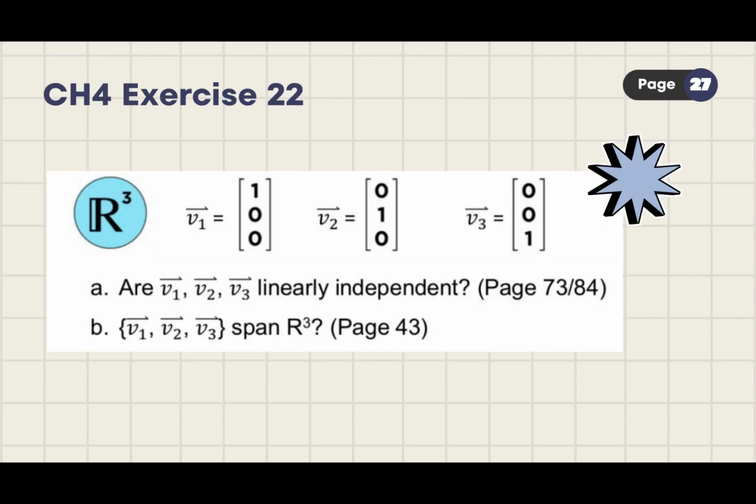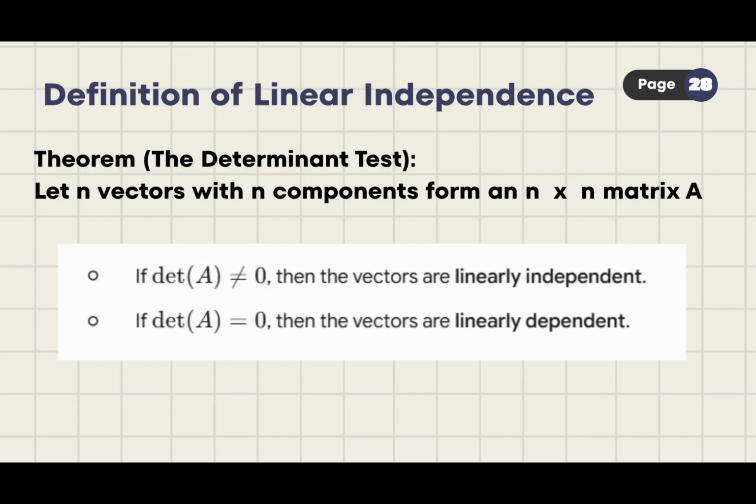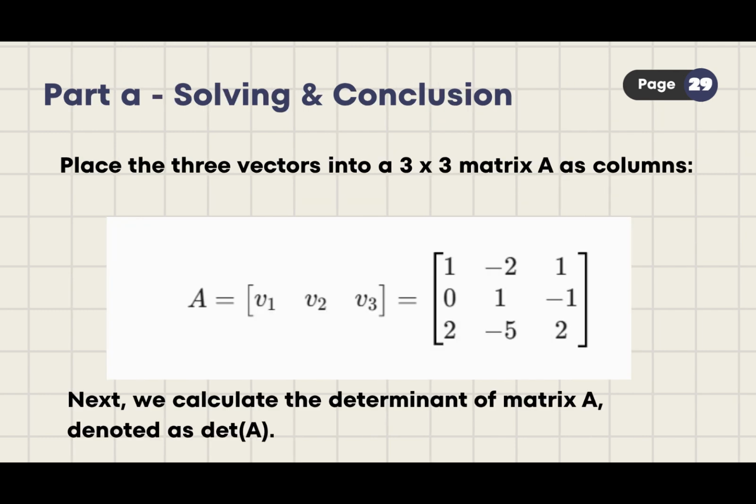Now I will explain exercise 22. In this exercise, we are asked to determine whether the given 3 vectors are linearly independent or linearly dependent. The first method we use is the determinant method. First, we place the 3 vectors into a 3 by 3 matrix, with each vector becoming one column of the matrix.